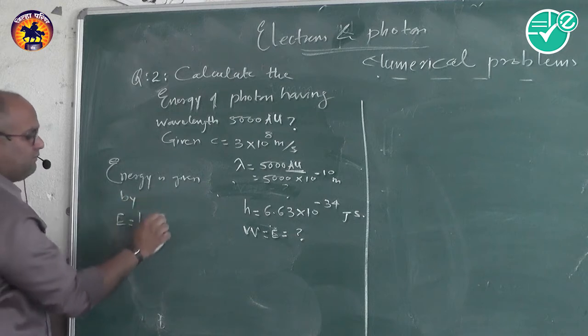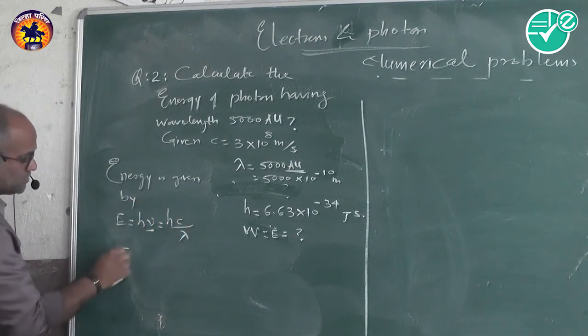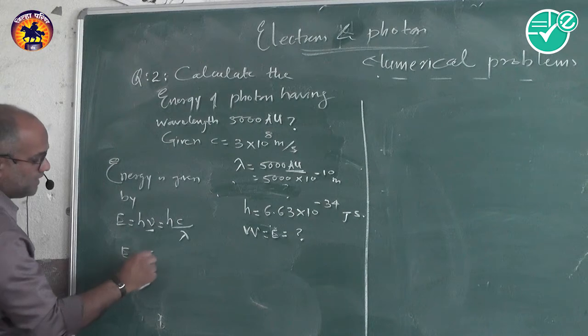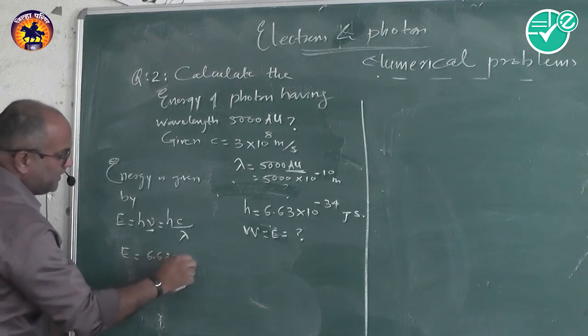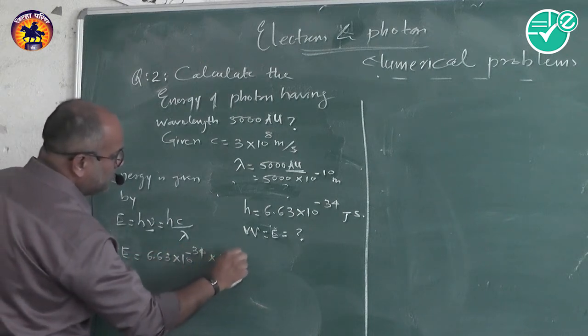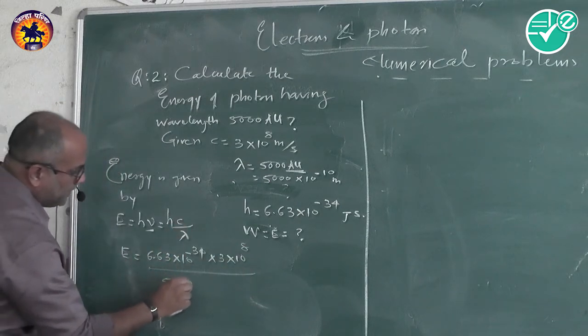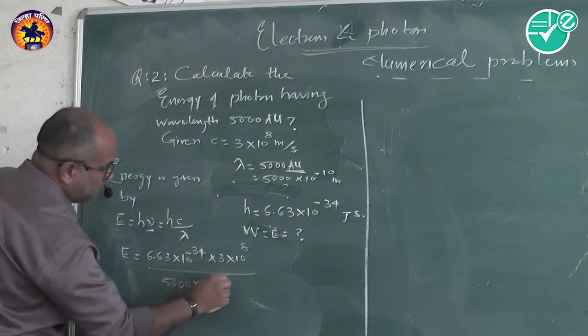So we directly use the formula for lambda, that is hc upon lambda. So E is equal to, put the values: h is 6.63 into 10 raised to minus 34, c is 3 into 10 raised to 8, lambda is 5000 into 10 raised to minus 10.